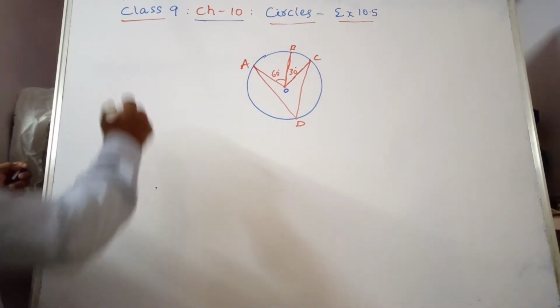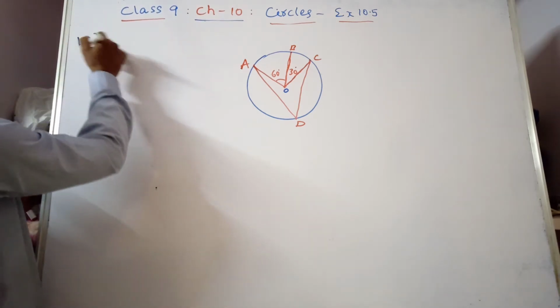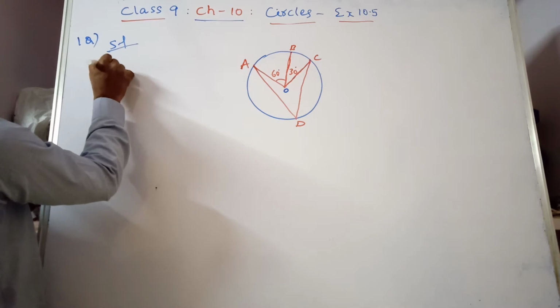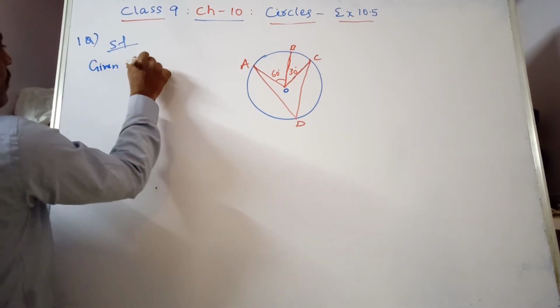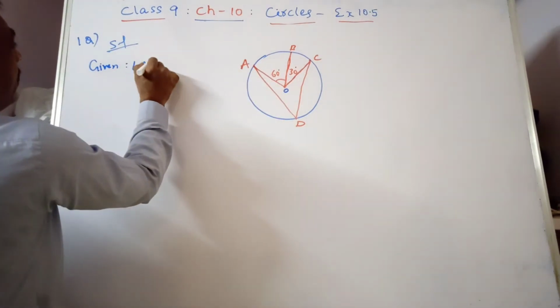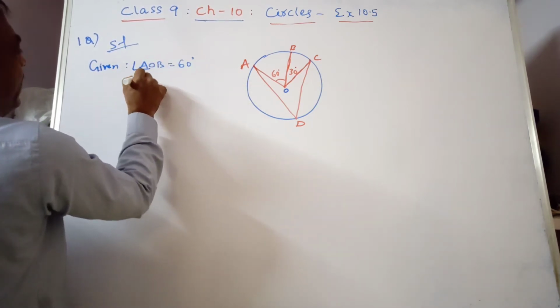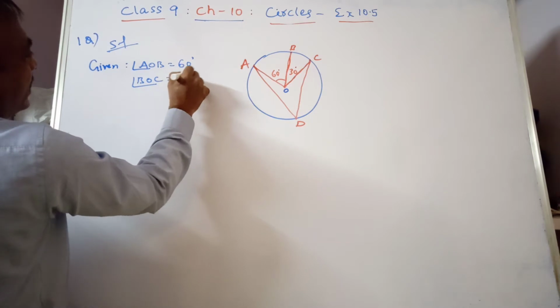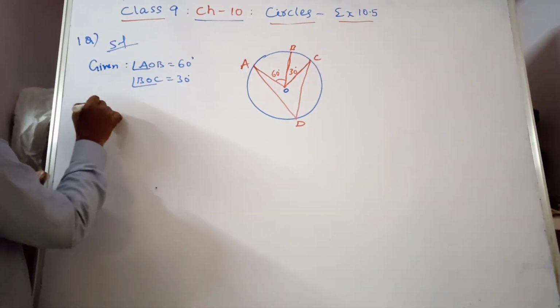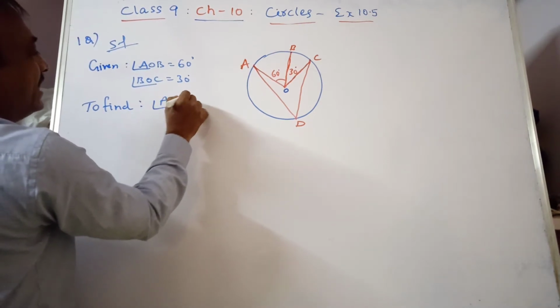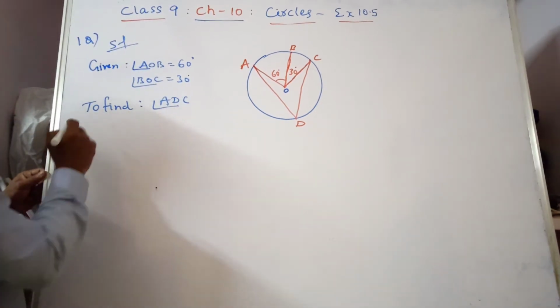So, given, question number 1 from exercise 10.5, solution: given angle AOB is equal to 60 degrees, angle BOC is equal to 30 degrees. To find: angle ADC.